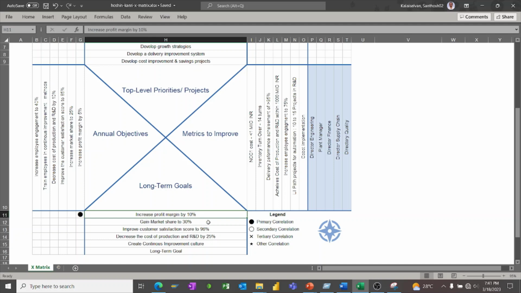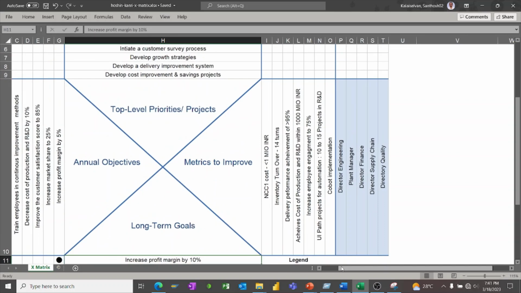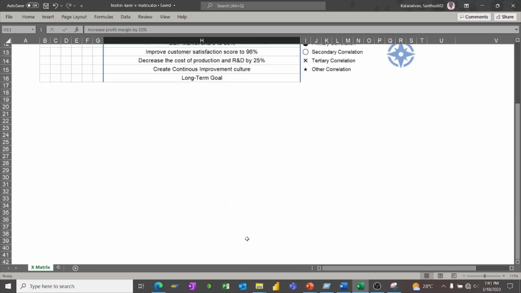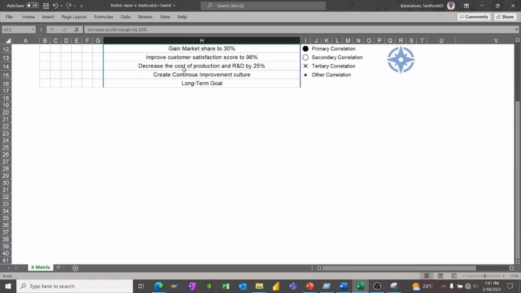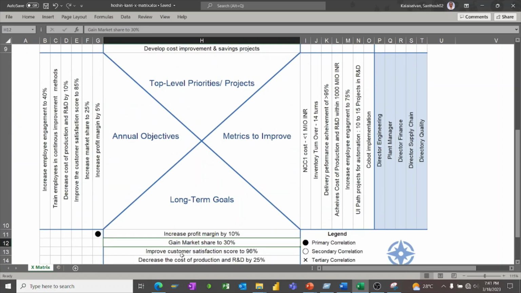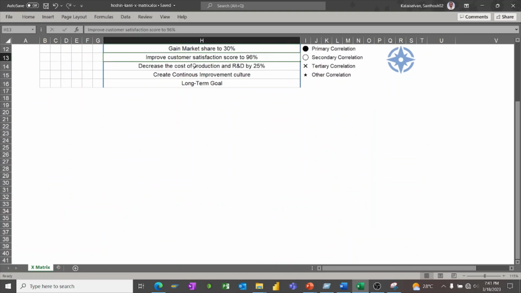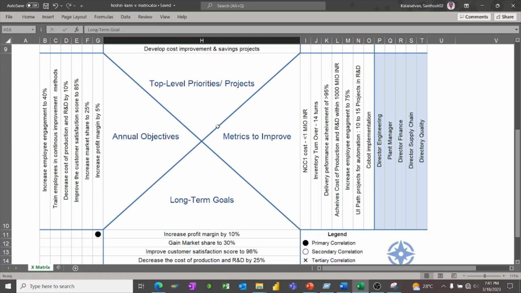Increase profit margin by 10%, gain market share to 30%. I will enlarge the Excel sheet so that you can better understand. Gain market share to 30%, improve customer satisfaction to 96%, decrease the cost of production and R&D cost by 25%, and create a continuous improvement culture. So these are the long term goals.